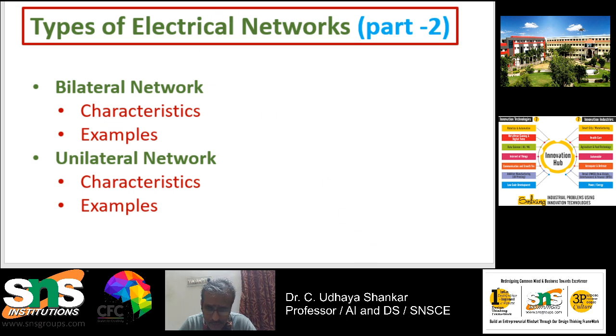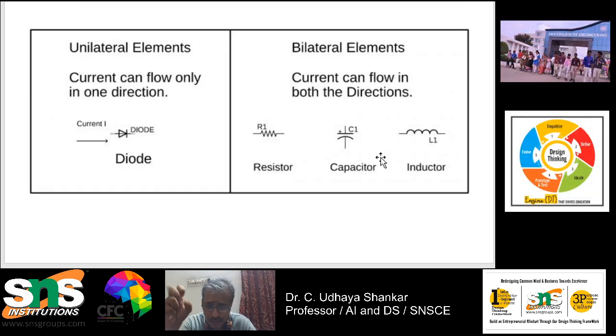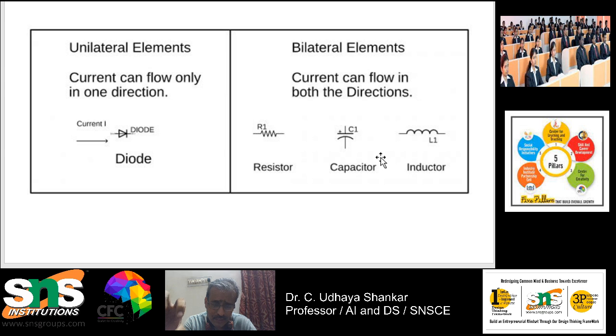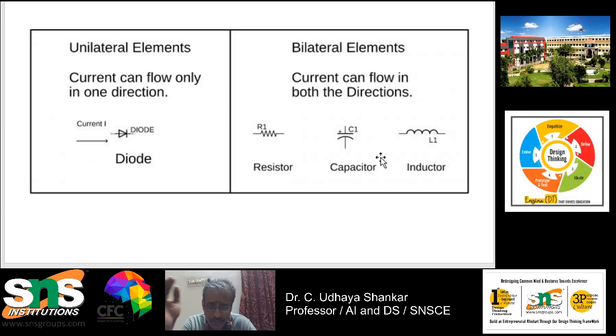In order to have better clarity of what is a unilateral and what is a bilateral network, you can see some examples. Let me first discuss the bilateral network, then I will come to the unilateral network. In a bilateral network, the current can flow in both directions. For example, if you take a resistor, the value of resistance remains the same whether the current is passed from left to right or from right to left. So those elements are called bilateral elements.